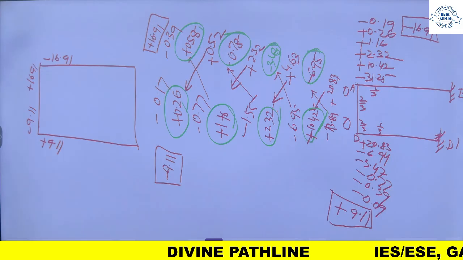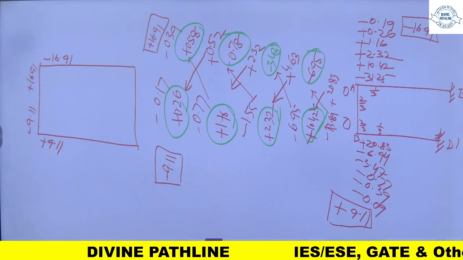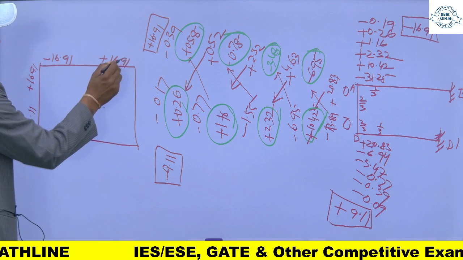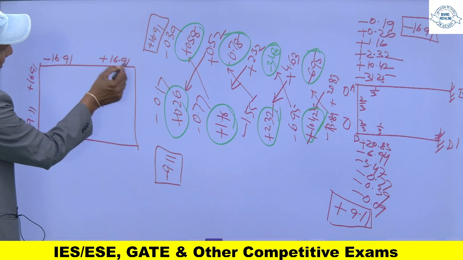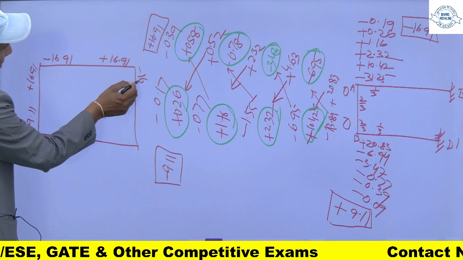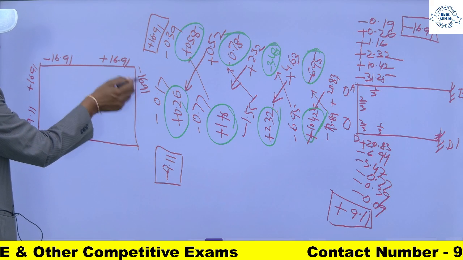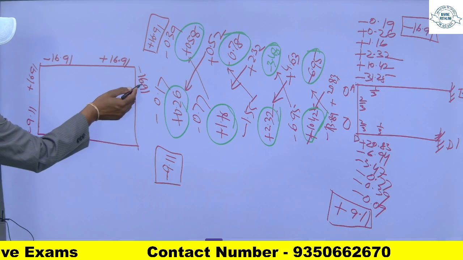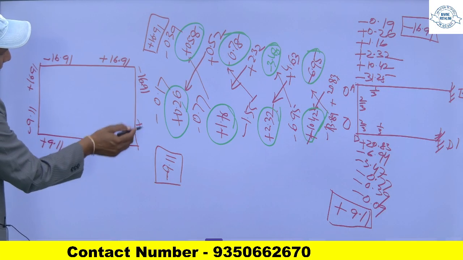So due to symmetry, if this is minus 16.91, this will be plus 16.91. If this is 16.91, so obviously the sum of this is equal to 0, so it will be minus 16.91. So that the sum of this moment and this is equal to 0. If this is minus 16.91, so this will be plus 16.91.